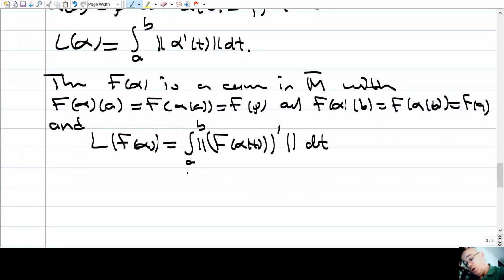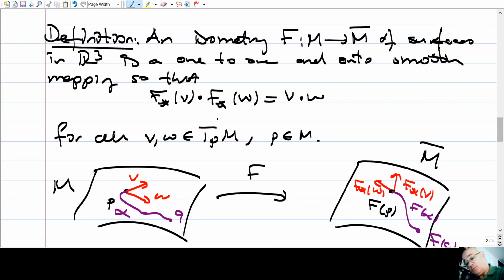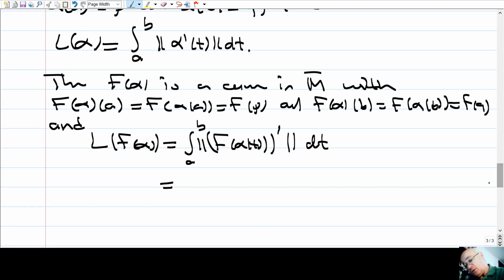But our inner product is length preserving, right? It preserves the inner product, therefore it preserves the length of vectors. So this length is the same as the length of alpha.